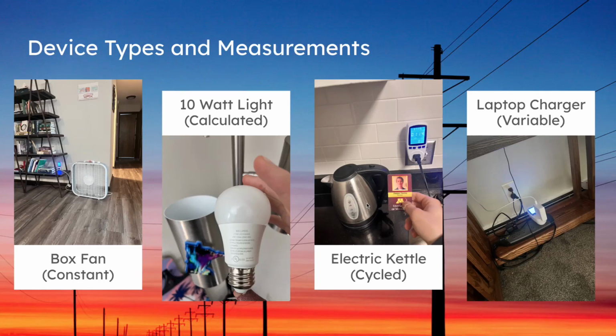And for the electric kettle, I measured the amount of kilowatt hours it used each cycle, which ended up being 0.114 kilowatt hours. And the laptop charger was variable. The amount of power it used depended on how charged the laptop was and whether or not I was using it.